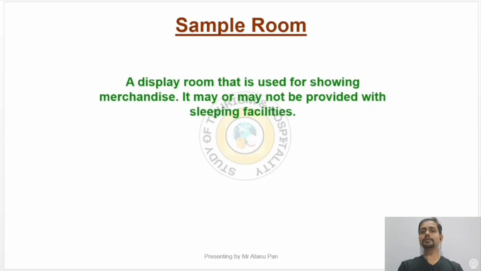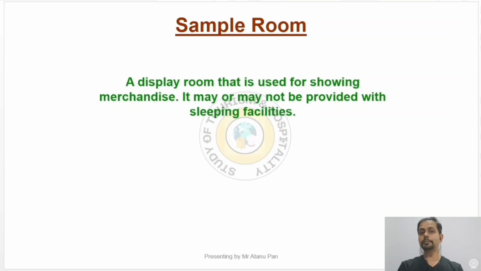Next, we have sample rooms. This type of room may or may not be there in hotels. A display room that is used for showing merchandise. It may or may not be provided with sleeping facilities. From the name only you can understand, when we are going to sell rooms to any customer, for example, to make any contract, anyone comes to see the type of room. So some sampling will be there.